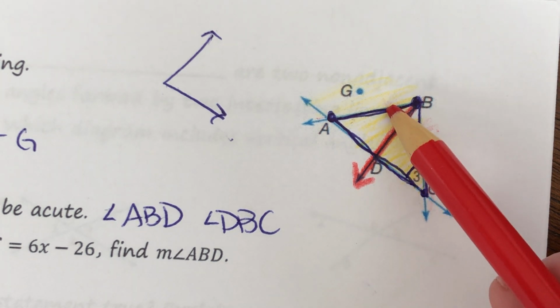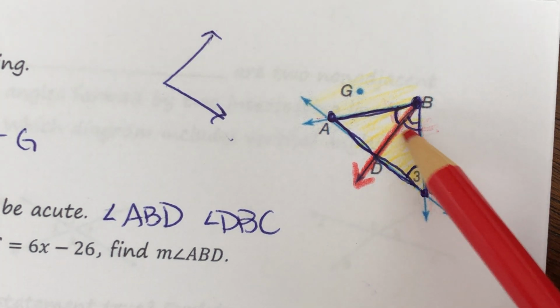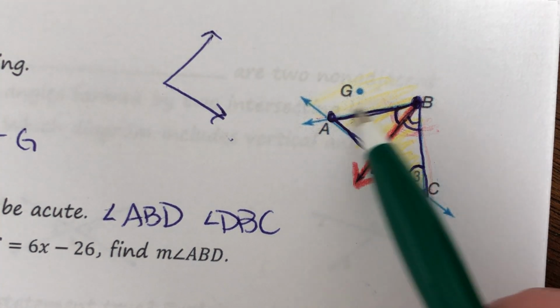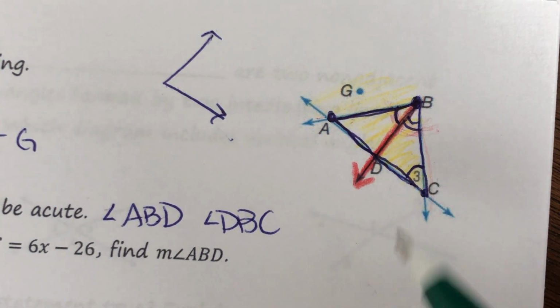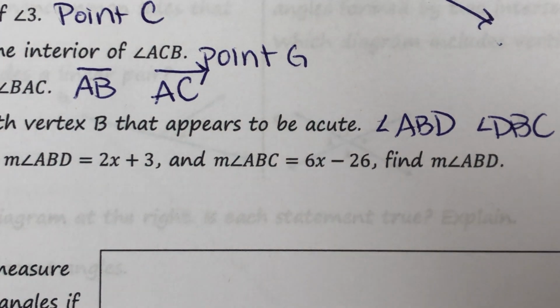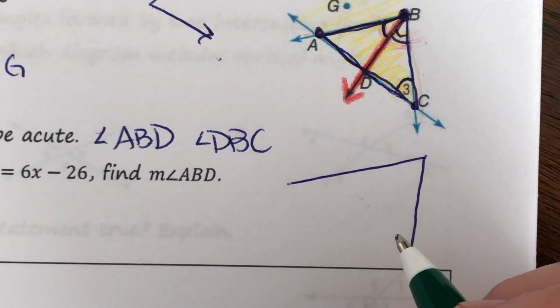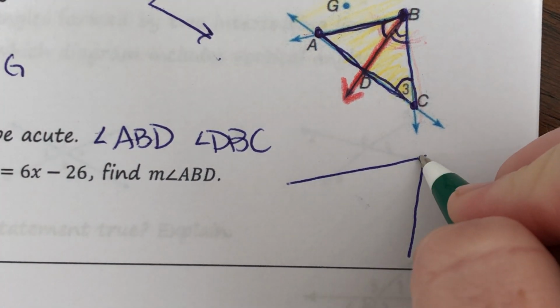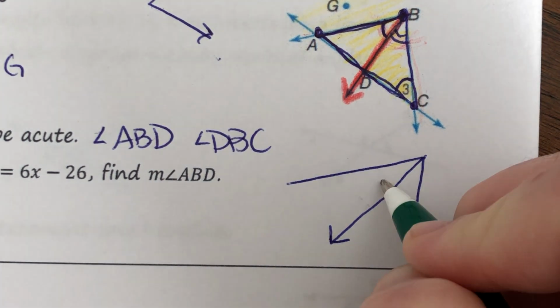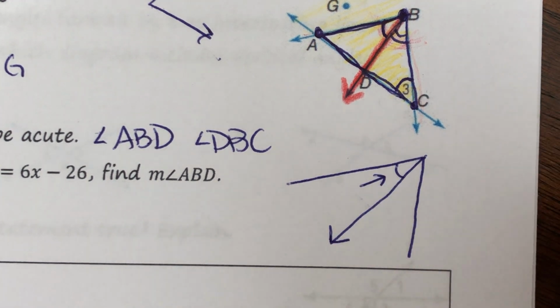So everything on this side is going to be the same size as everything on this side, our 2 angles. Then it tells us that the measure of ABD, this top guy, is 2x plus 3. So I'm going to redraw it down here. I'm going to have this here, and I've got this bisector here, right? This top area is 2x plus 3.